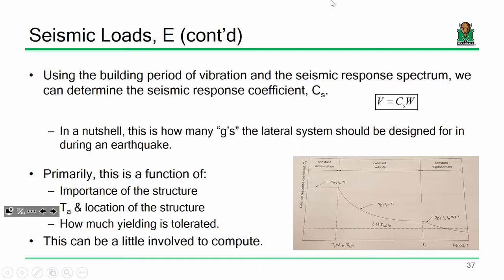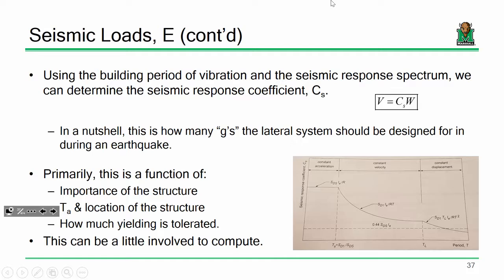It's going to be a function of the building's period and where it's at, and of the building's risk category, whether it's risk category 3 or 4 or what have you. The one I'm soft pedaling a little bit, because I don't want to inundate you with too many details, is how much yielding is tolerated. Depending upon where the structure is, sometimes we can hit some really crazy G's, right?